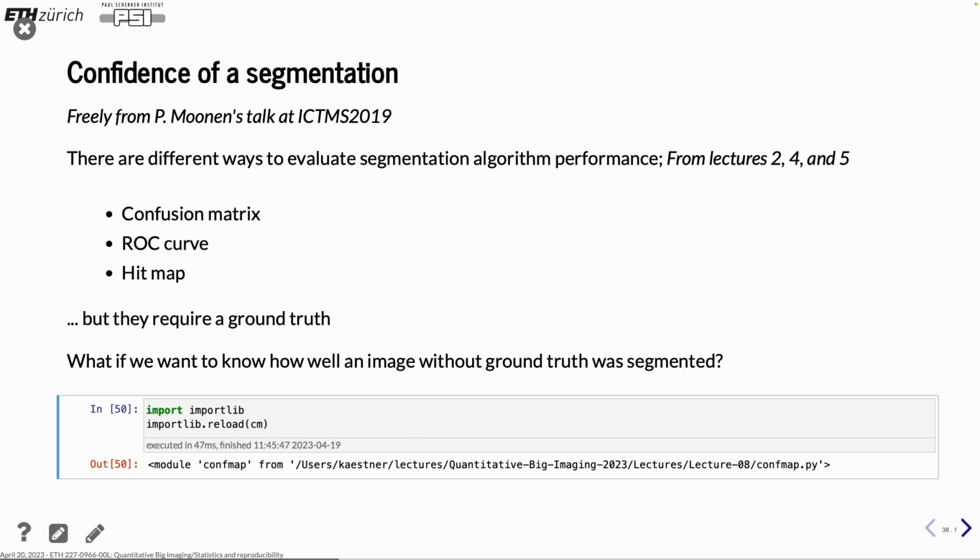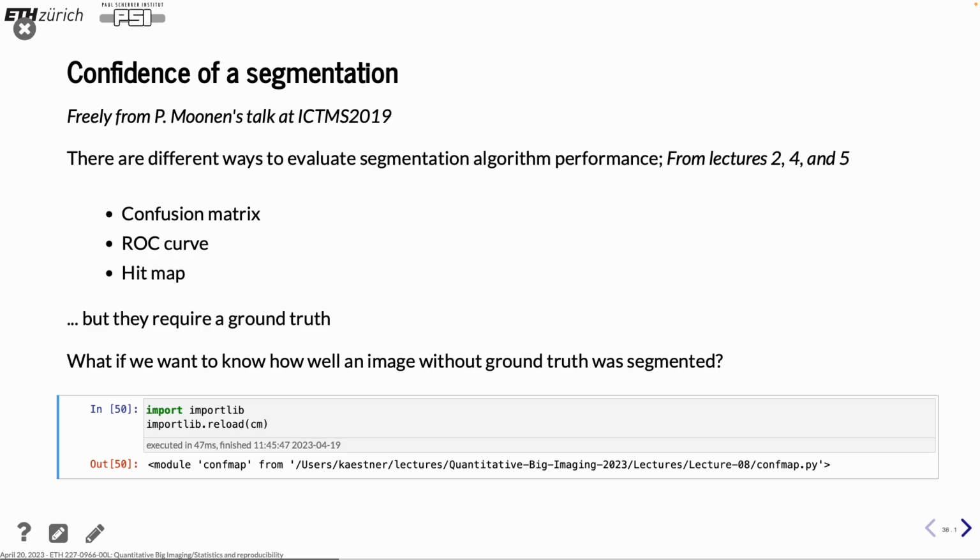Already in lecture 2 and later in lecture 4, I talked about confusion matrices, ROC curves, and heat maps. And the problem is that these are only metrics of how good your algorithm is working, not how the specific segmentation is actually doing. This is a part inspired by Peter Moonen's talk at ICTMS back in 2019. And I think he has a paper in preparation for it now.